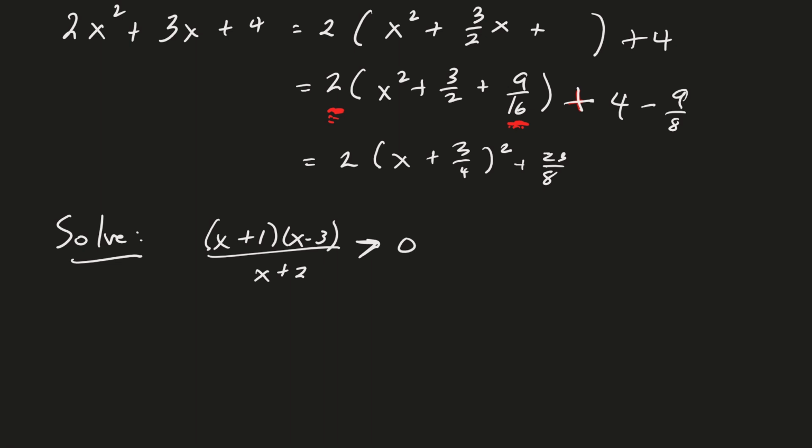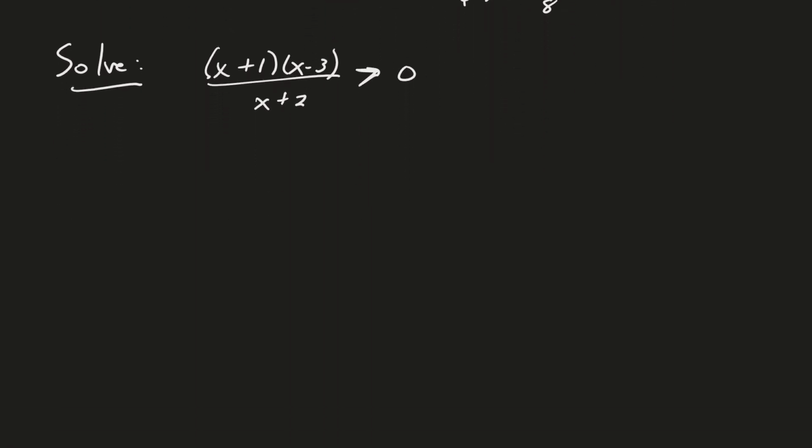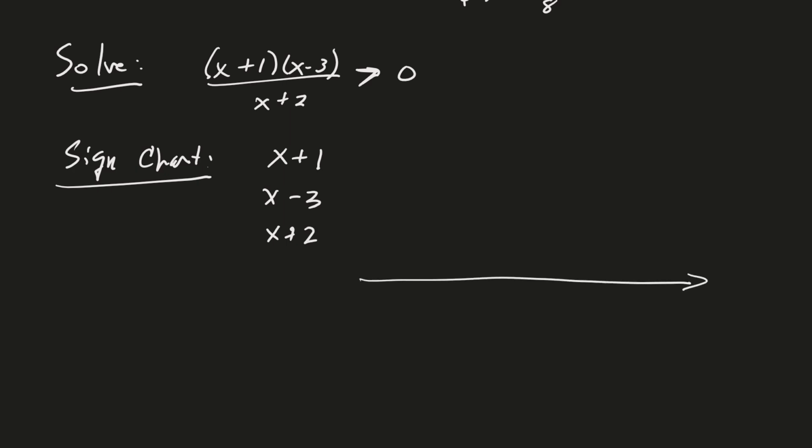Okay, so the way we use the sign chart is that we'll list the factors. In this case, we have 3 factors: x plus 1, x minus 3, and x plus 2. We write those to the left, and then underneath we have the number line that we're going to be checking. And then on the number line, you want to write where each of these is equal to 0.